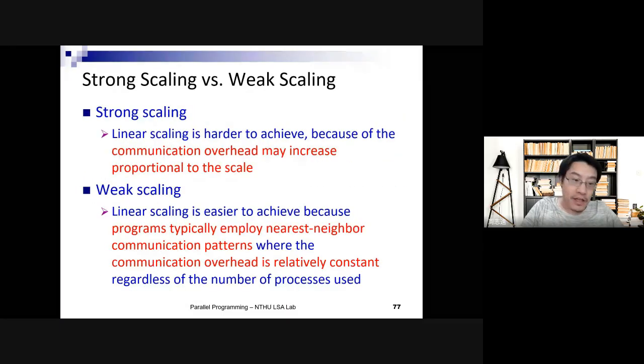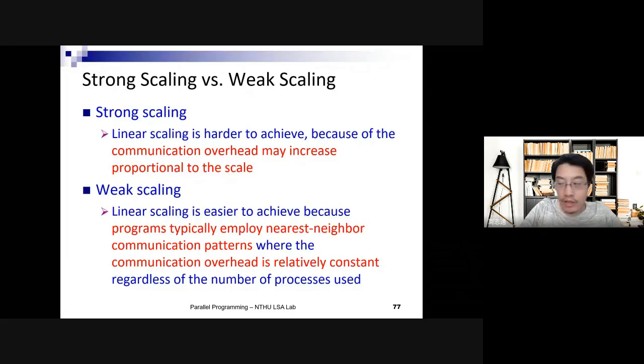Okay, and for our homework, in our report, we will ask you to plot some of those results, and you are also more than welcome to plot both strong and weak scaling, and to see what the behavior of your program is under those different scaling scenarios. Okay, right? So here is what I already mentioned, the difference between strong scaling and weak scaling.